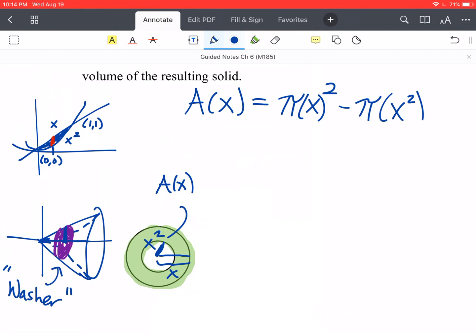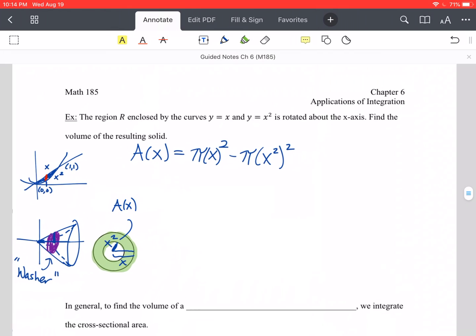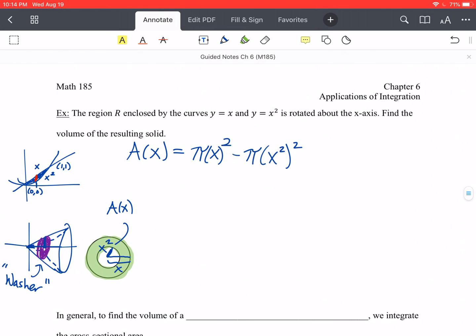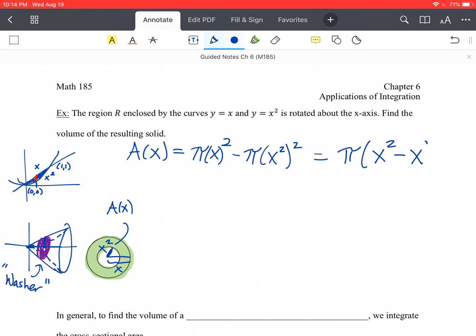So pi (x squared) squared. Okay, so I know it might seem a little counterintuitive that x squared is the smaller radius, but between 0 and 1, x squared is actually smaller than x, right? And that's played out there in the graphs. So this gives us pi times (x squared minus x to the fourth).